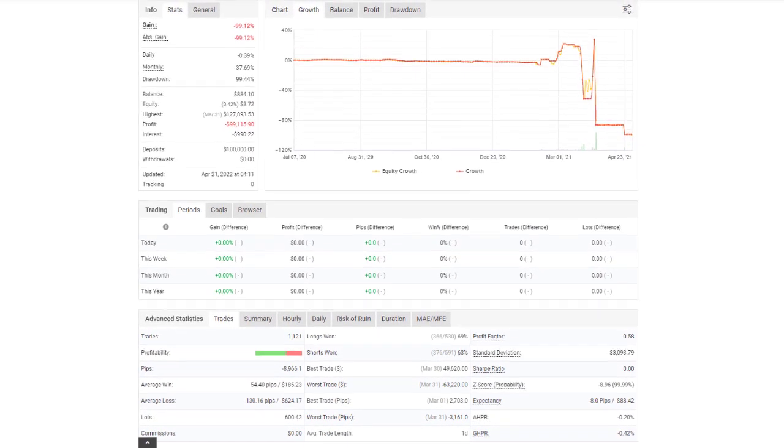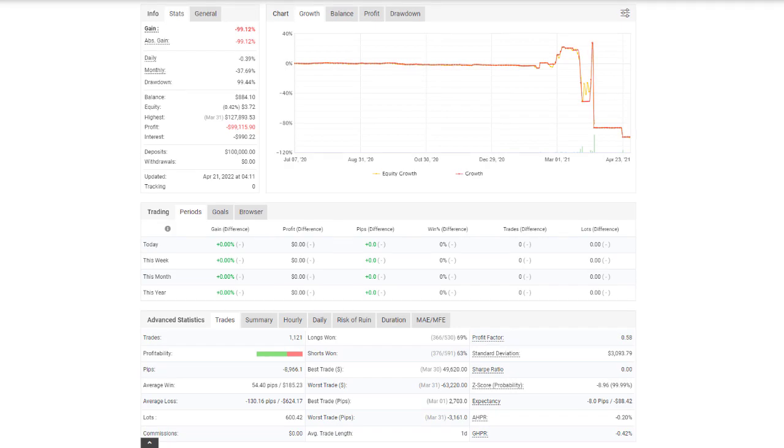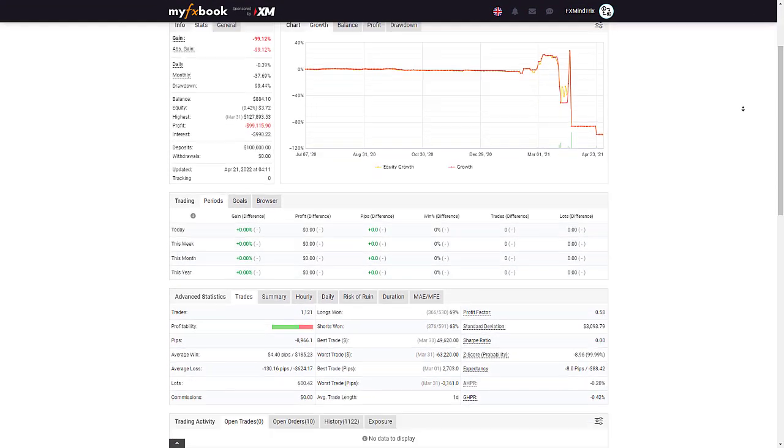Remember when I told you that you shouldn't risk more than 1% of your forex trading capital on any single trade unless you are practicing asymmetric compounding? Well, 1% of this account's starting capital would have been $1,000 since the account was a $100,000 account.